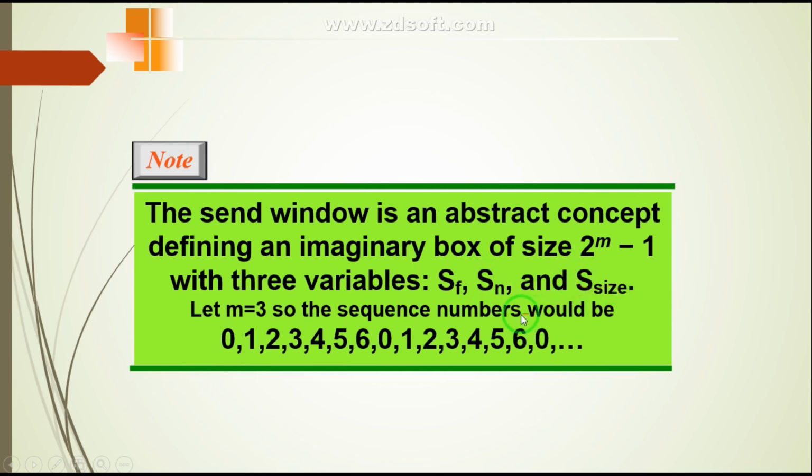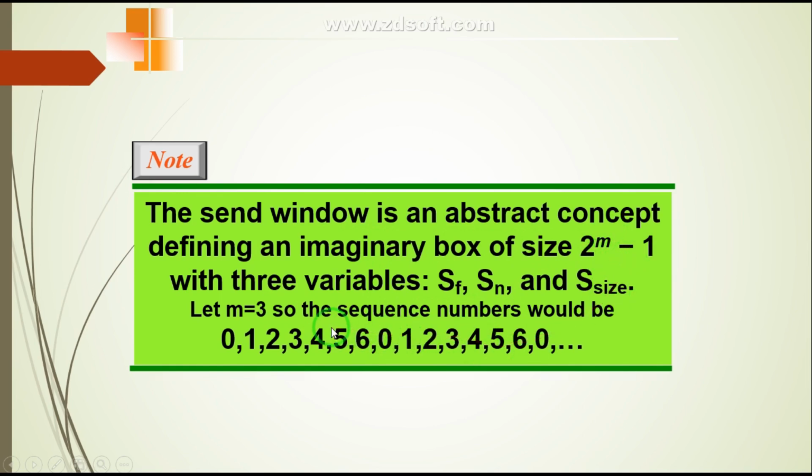To get a clear concept of modulo 2 raised to m and how we give the sequence numbers, suppose m equals 3. Therefore the imaginary box size would be 2 raised to 3 minus 1, that is 8 minus 1, which is equal to 7.